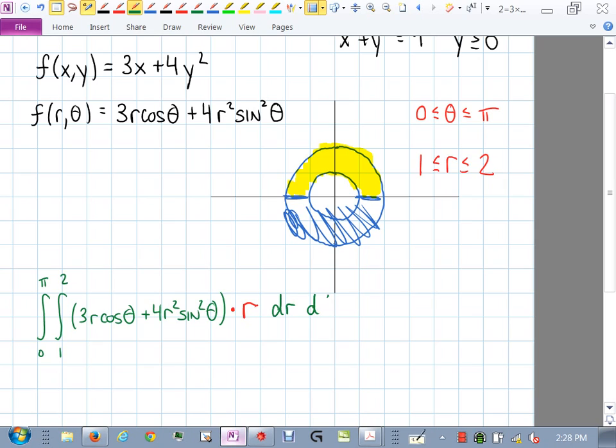dr d theta. Now again, I could have made it d theta dr, but I would have had to switch these two around over here. So that r is going to have to distribute through before you do your integration. If you forget that r, it's pretty much game over as far as getting the correct answer.